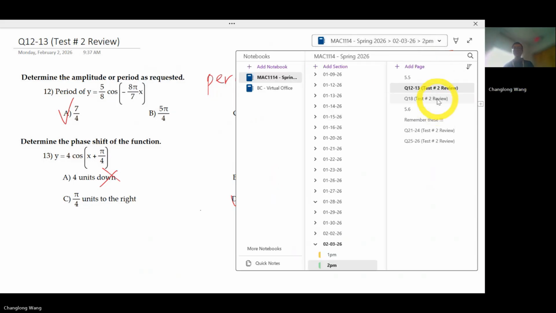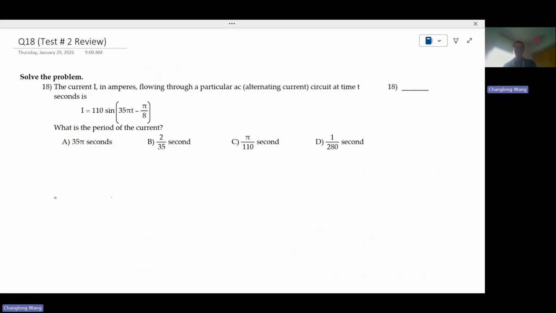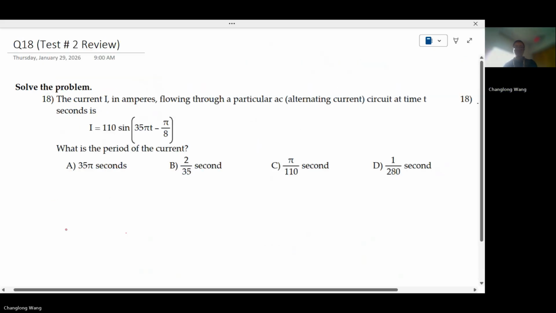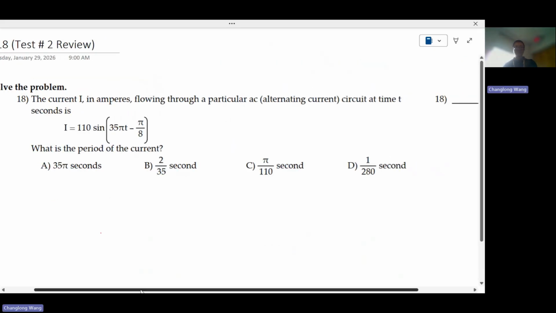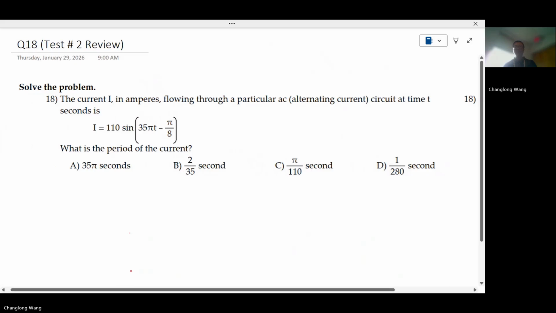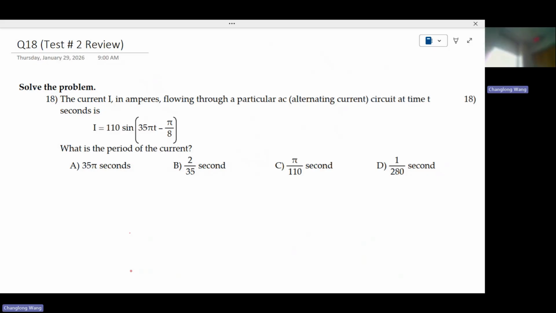Now, let's see number 18. I'll give you, again, let's say 2 minutes, because after all, it's a word problem. Go ahead, but don't overcomplicate it.